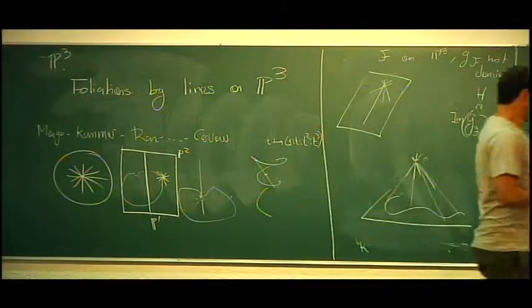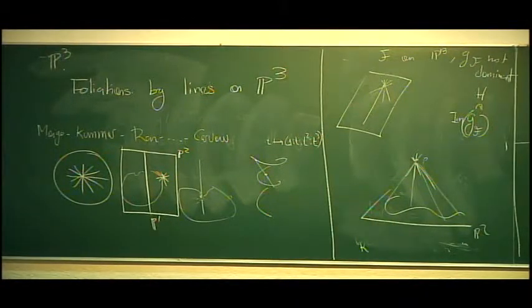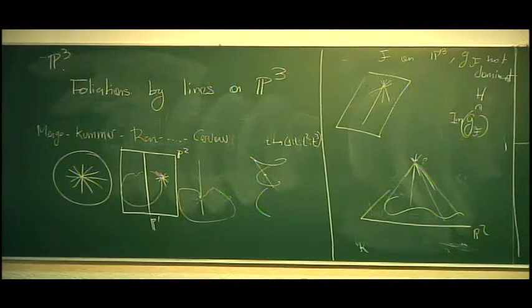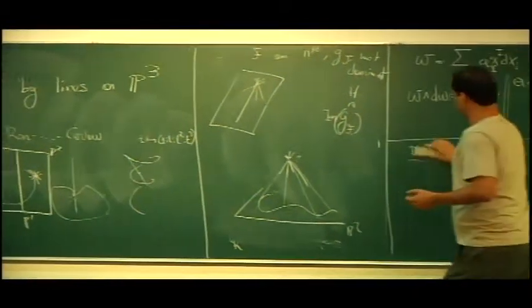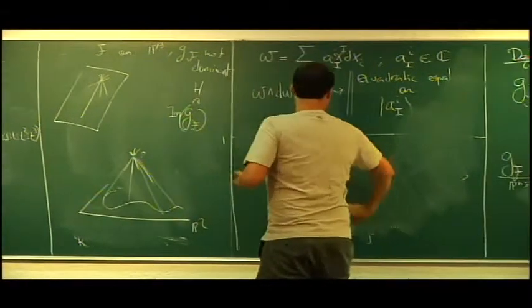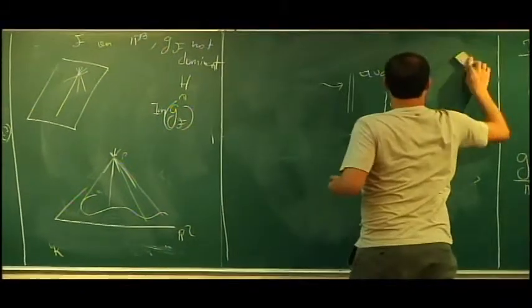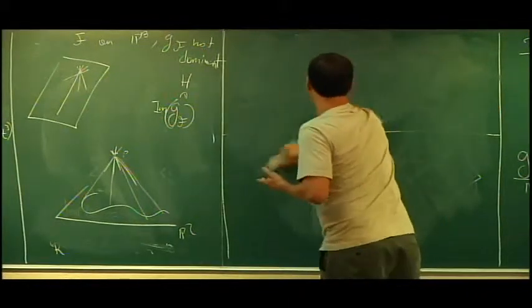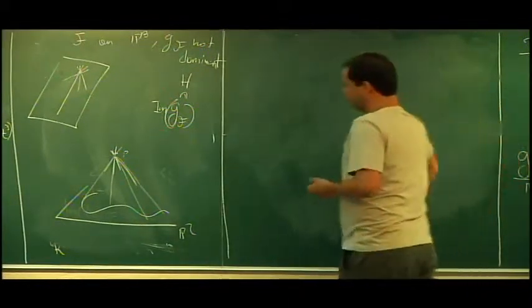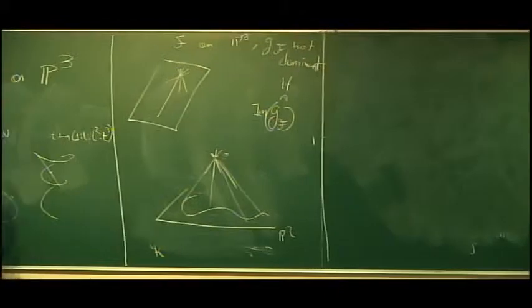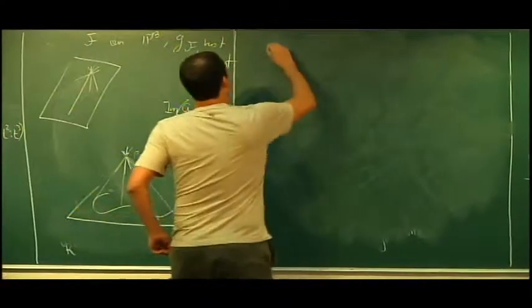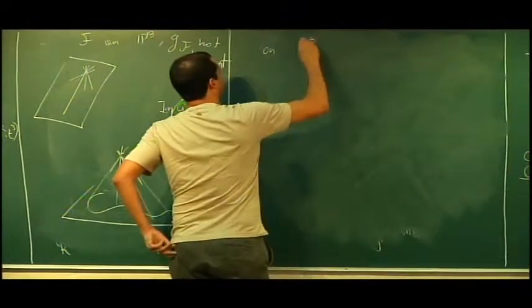These things are easier to think through by yourself than to follow the explanation of someone, because in the end they are very, very elementary. But anyway, the conclusion is that on P3, we have two possibilities.